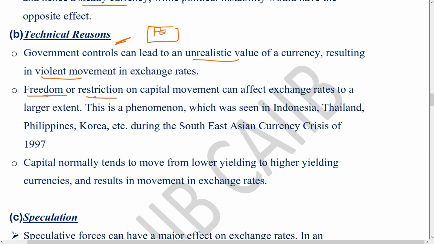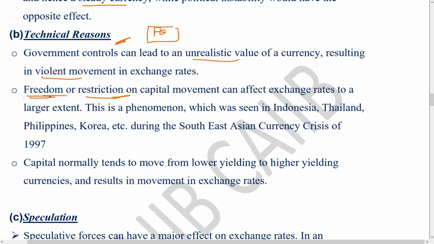If you are restricting, you are restricting the capital. Many countries will not restrict capital coming into the country. Only when capital is withdrawn do countries put restrictions. When they are investing, we are not restricting.